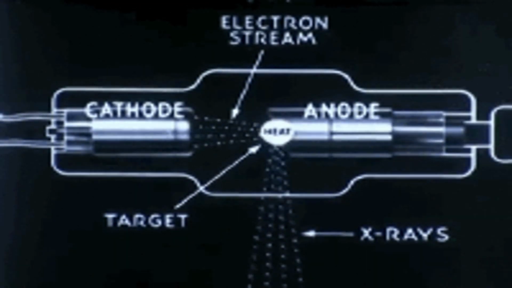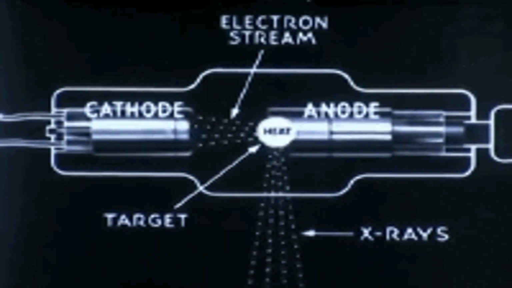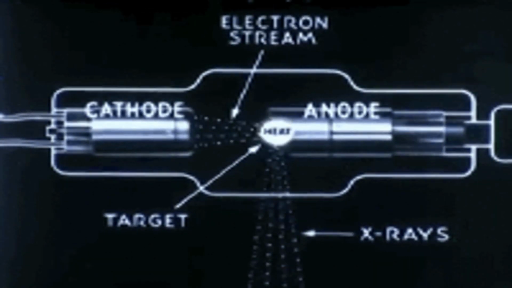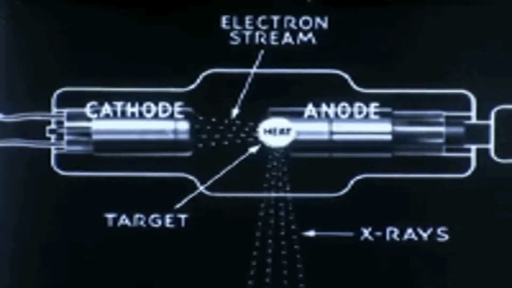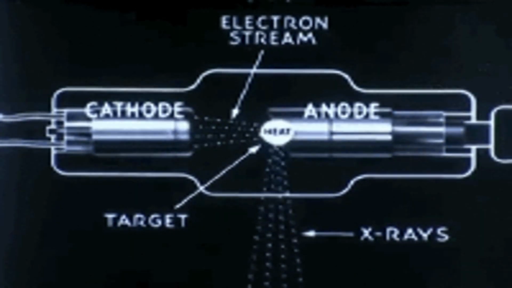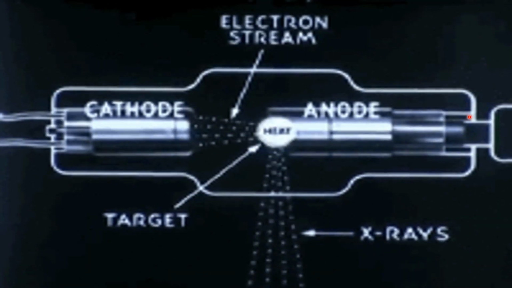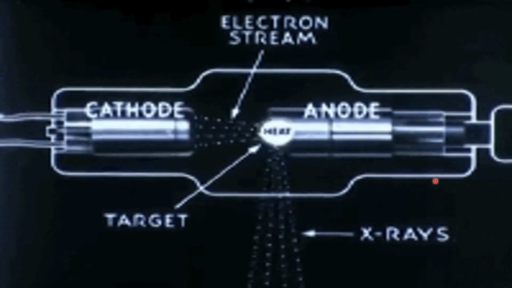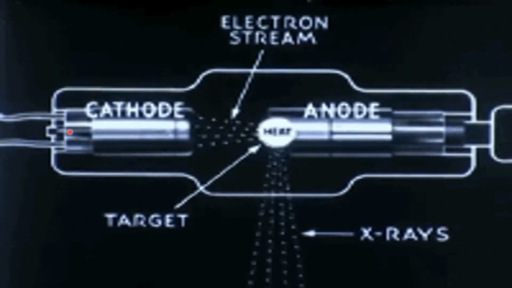Dear student, just for your information, continuous X-rays or any type of X-rays are generated in an X-ray tube. So this is a schematic representation of an X-ray tube.